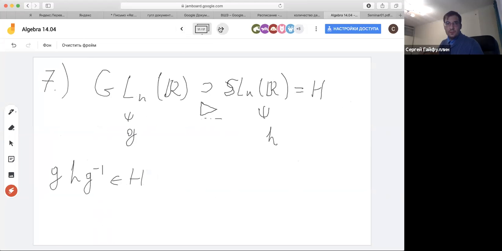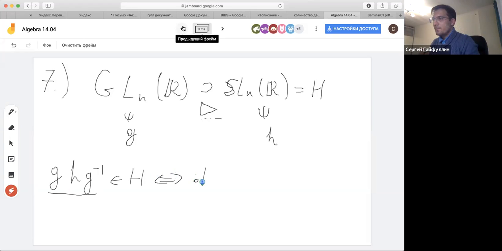So let us show. What does it mean that this matrix belongs to H? It is equivalent to the determinant of this one being equal to 1, because H consists of all matrices with determinant 1.